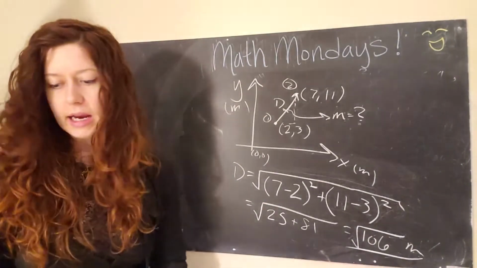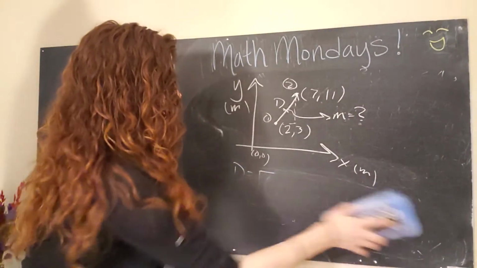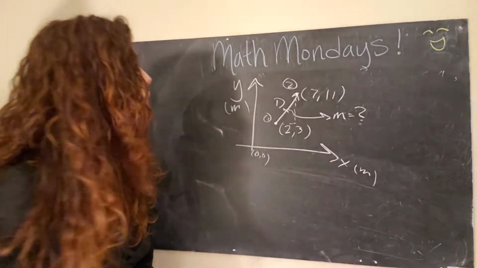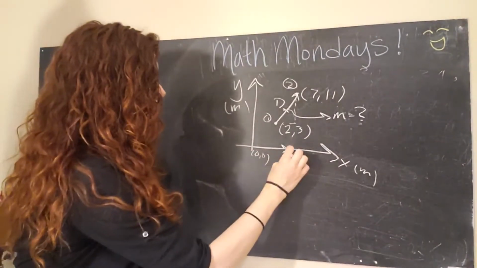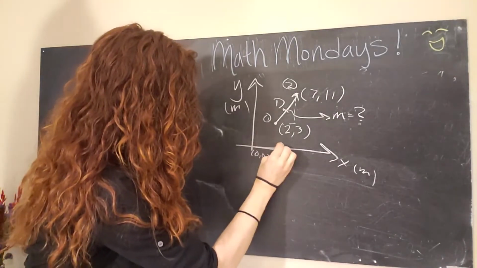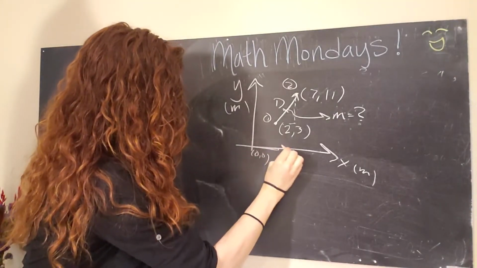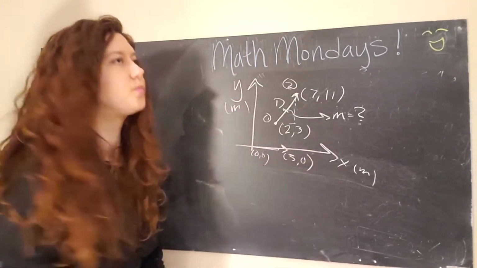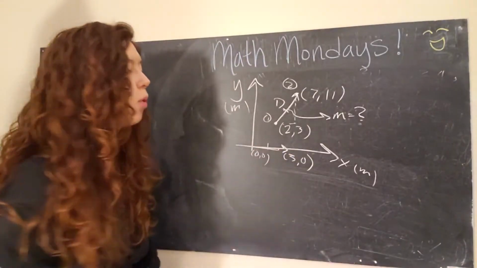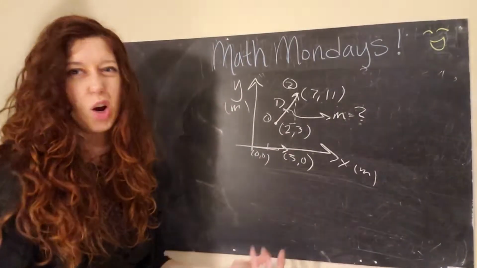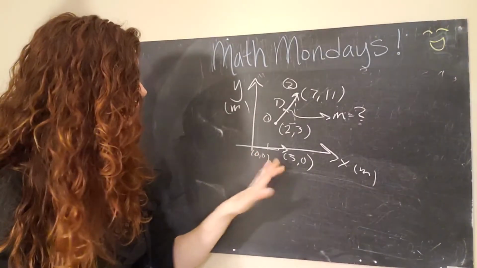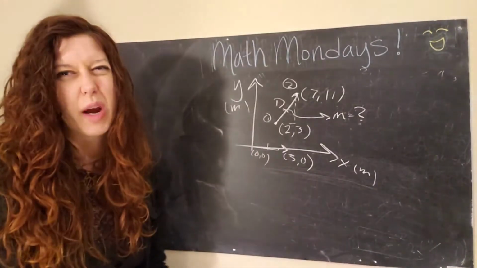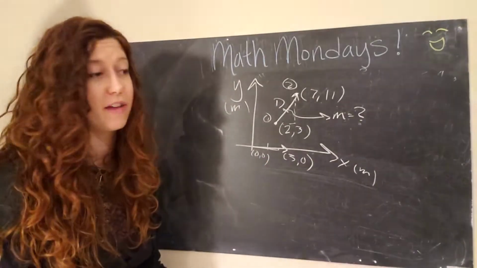So I'm going to erase this for a little bit more space. If we were to do this in one direction, and let's say I traveled to 3, 0, and I asked what's the midpoint of my journey, you would say, oh, well, 3 divided by 2 is 1.5, so the halfway point would be 1.5 meters.